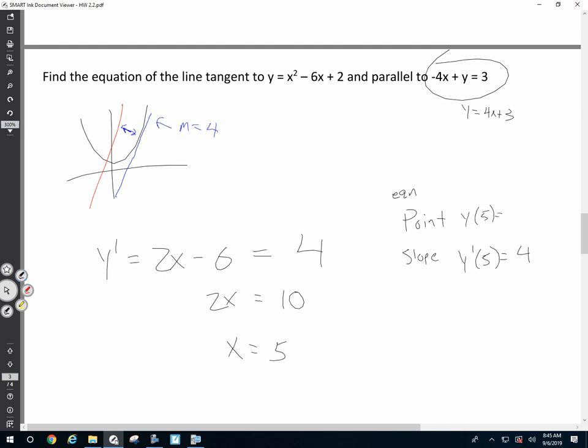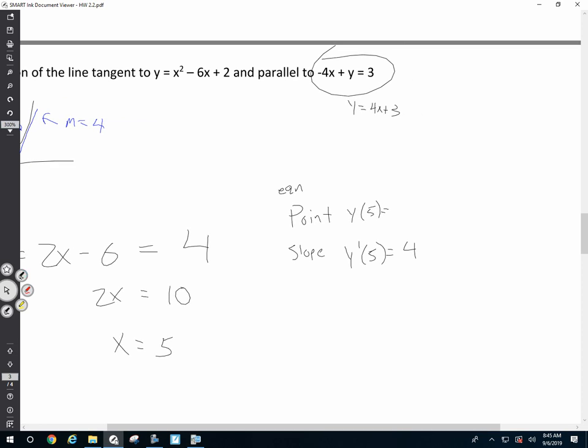So I need to go back and find the point where I have a tangent slope that's 4. 25 minus 30 plus 2. So that's -5 plus 2 is -3. Okay, so I say that the point 5, -3 will have a slope of 4. My equation will be y plus 3, it's y minus y1 equals m times x minus x1.